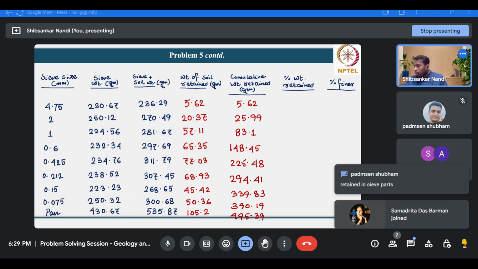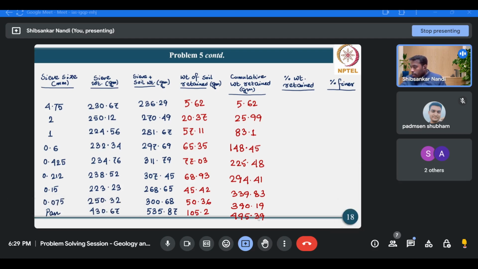You are saying that this is retained. No, that is not a logical answer. This is retained in sieve parts because when you are basically taking the weight of sieve plus soil weight, that should come out in that figure, means in third column.